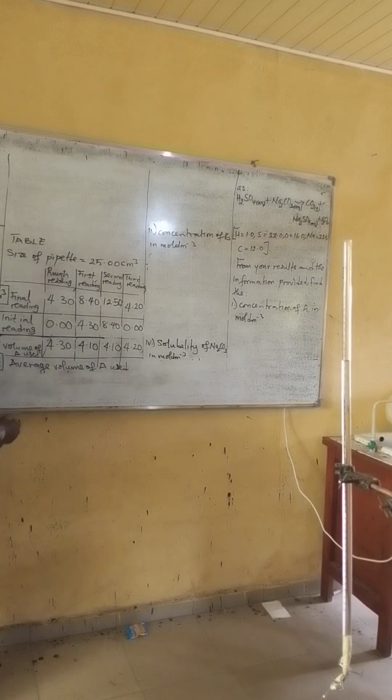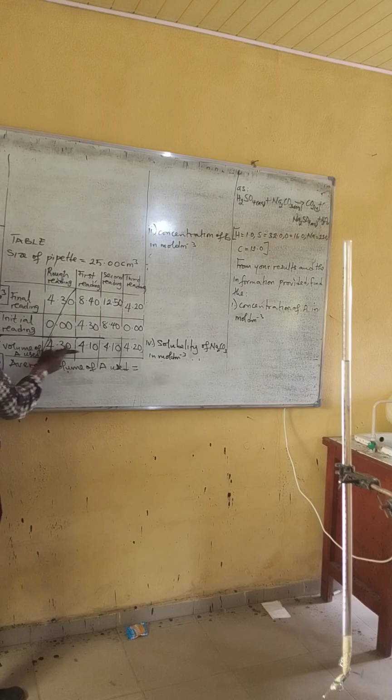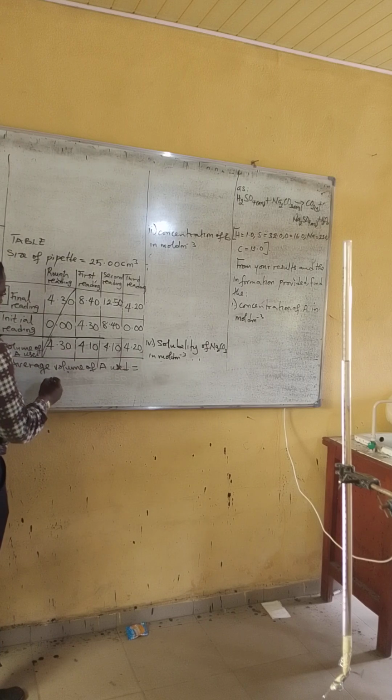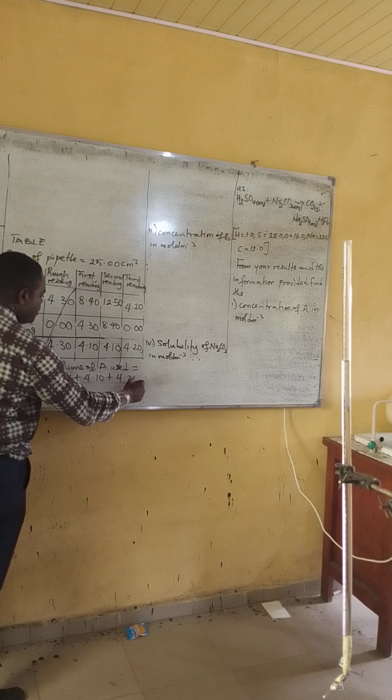So the next thing is to, I don't need my rough, I can cancel it, to find average volume of A used. What would I do? I will not use the rough, I will use first, second, and third. It will now be 4.10 plus 4.10 plus 4.20 divided by 3.